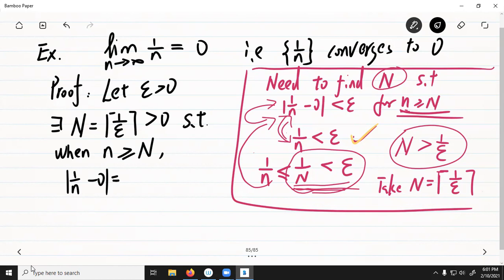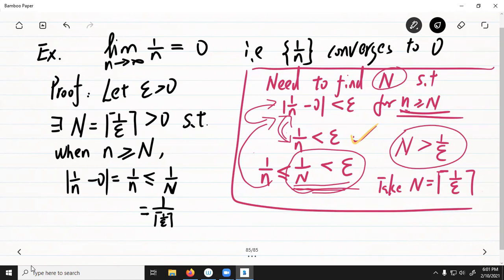So let's do the calculation. This is 1 over n, which is less than or equal to 1 over capital N. Capital N is the least integer greater than 1 over epsilon, so 1 over capital N is 1 over the least integer greater than 1 over epsilon.